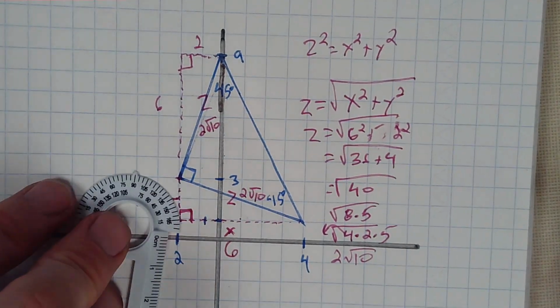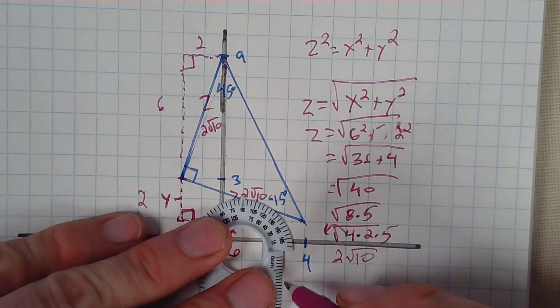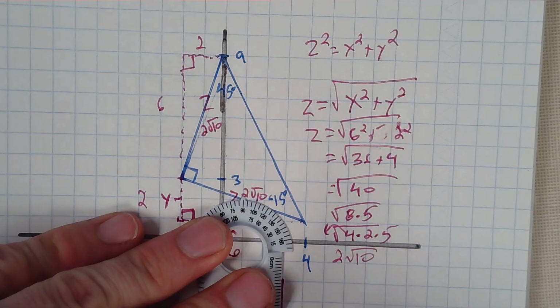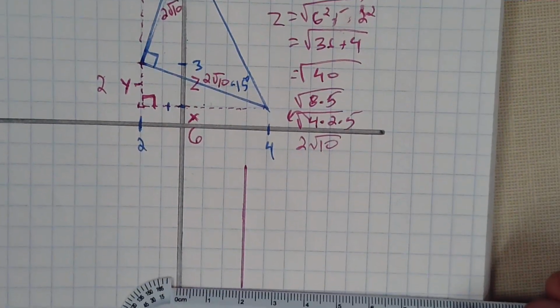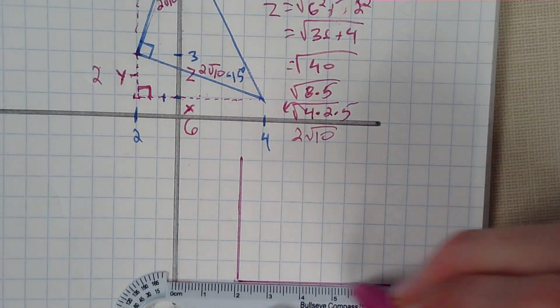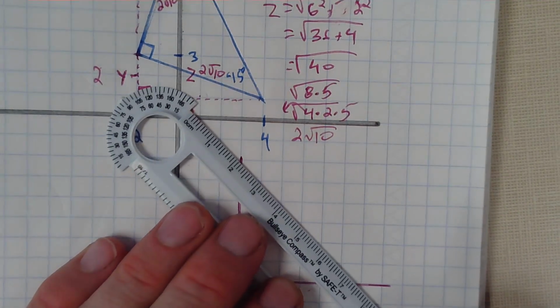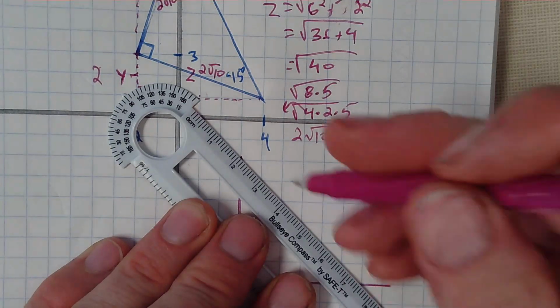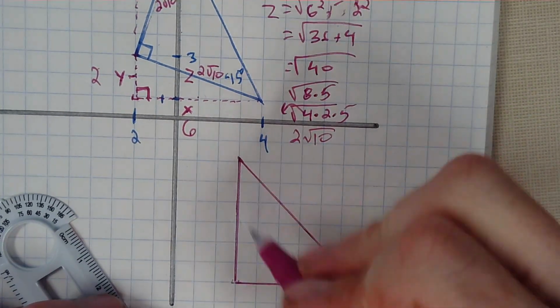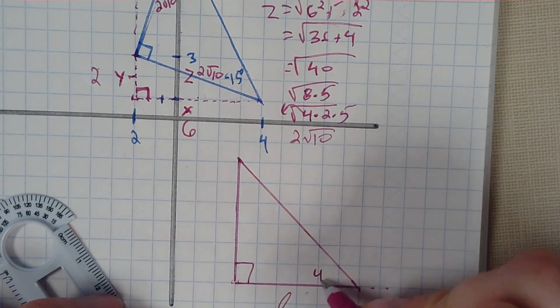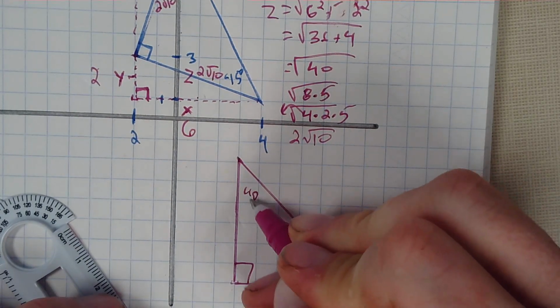And if I remember my right triangle stuff, I can remember that if I have a 45, 45, 90 triangle, this is 45, 45, and 90.